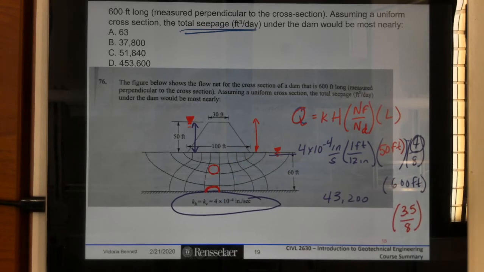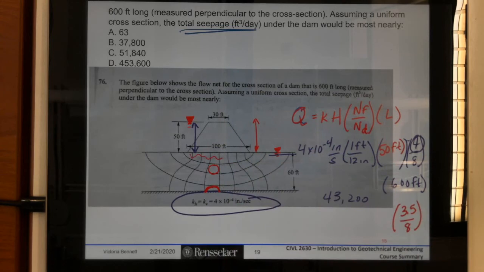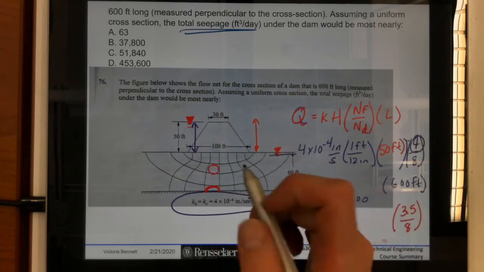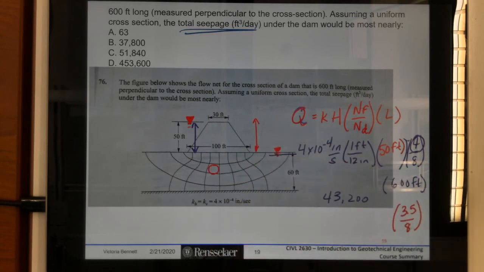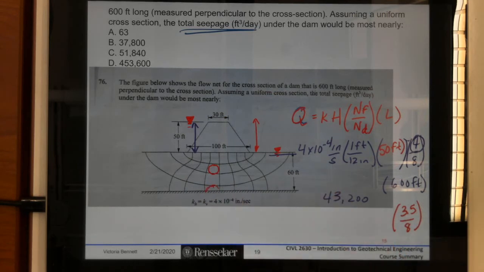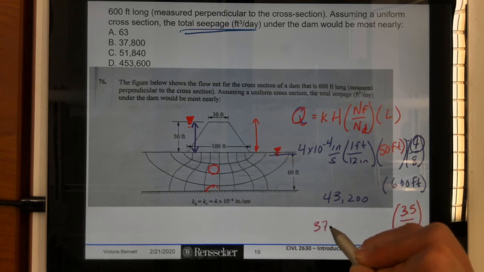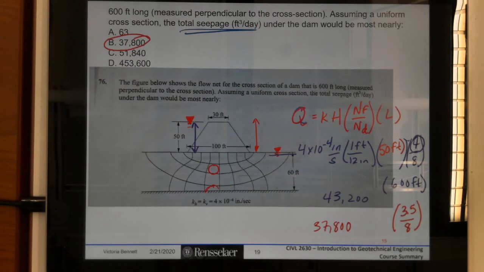And I point that out only because I think that's kind of nitpicky to have that as a question in that way. So, okay, so yes, if we looked at that, maybe that's half of a circle, so maybe I would have recognized that it's not 4 flow channels, it's 3.5 flow channels. So if I use 3.5/8, then I do get 3780 or 37,800.